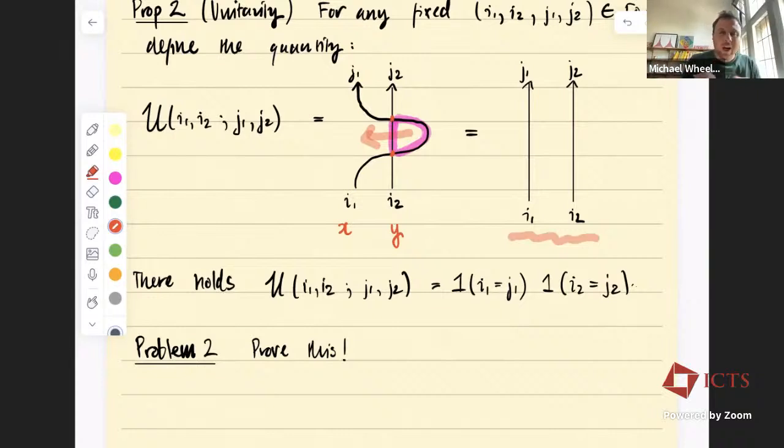I'm doing this because later on it's useful to be able to perform this move. But you could define these two lines as precisely being equal to this product of indicator functions. So if I have a line where I have i at the bottom and j at the top, I had better have that i is equal to j, otherwise conservation will be violated. So you can extend the notation to include such a definition. Thanks.